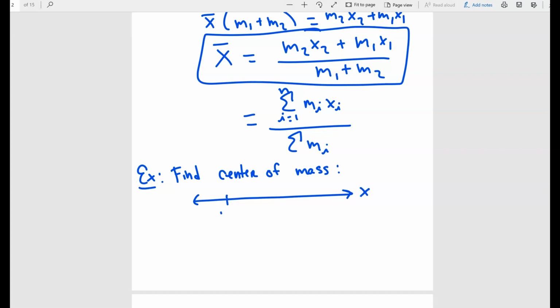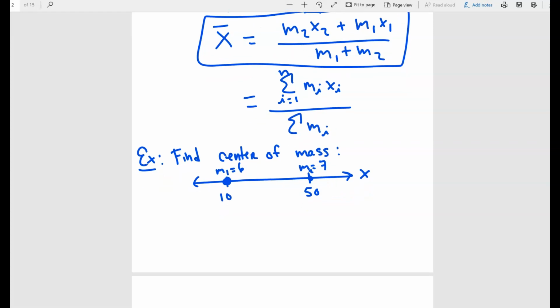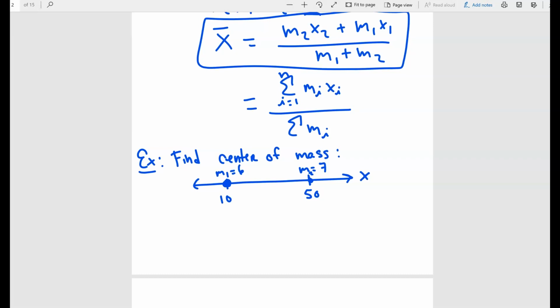Here at x equals 10, you have a mass of 6, and here at x equals 50, you have a mass of 7. Okay, and what you want to do is find the center of mass. So let me call this M2. I'll give you a minute if you want to take a second to try this problem out, and then I'll just go ahead and do it.